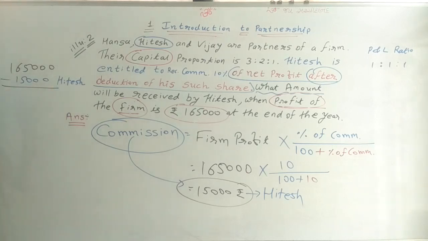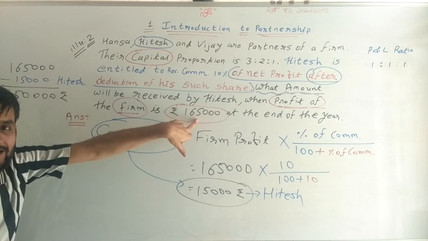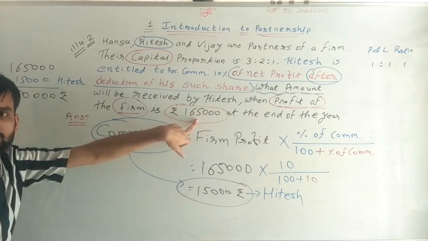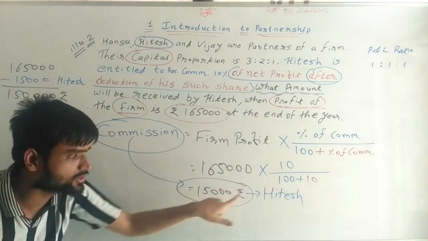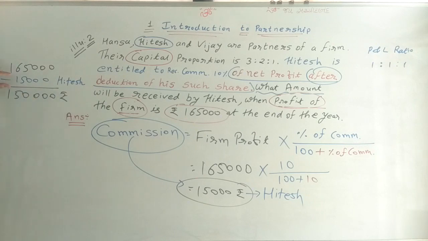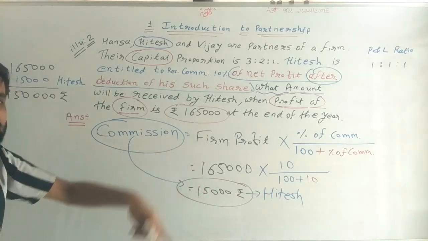The remaining profit is 1,50,000 rupees. This remaining profit is distributed among the partners.